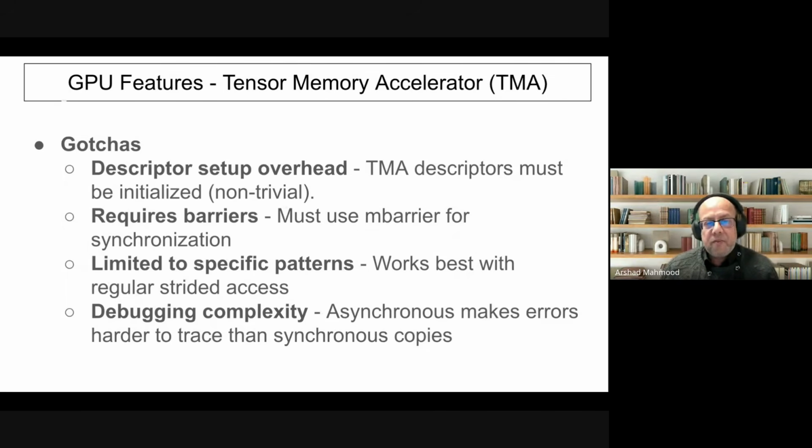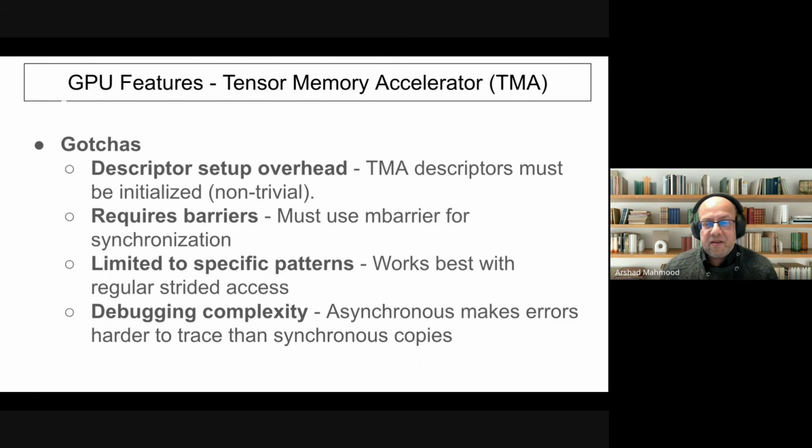It does need you to use barriers because this is an asynchronous instruction. So again, adding that makes it a bit more complicated. And really, it works best if your data is properly laid out in global memory, and by that I mean the layout is strided in just the way that this works.